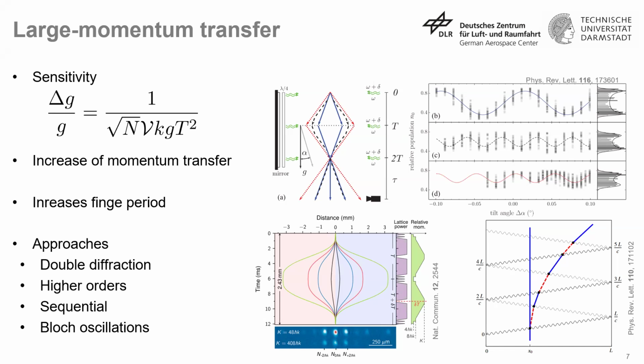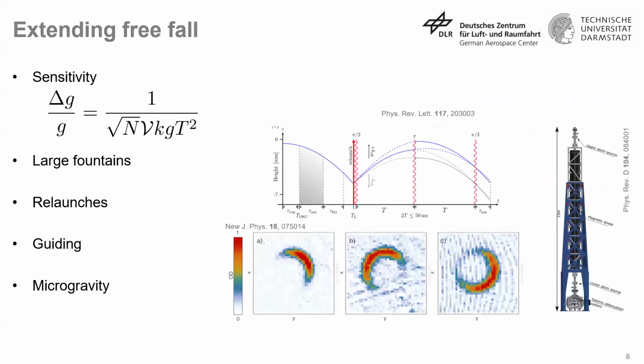So you enhance your momentum transfer by a factor of 100. This here would be using single photon transitions and always imparting more momentum, or sequentially more momentum, on one arm. And this is using, for example, Bloch oscillations to even further separate those. There's also a poster on Bloch oscillations.